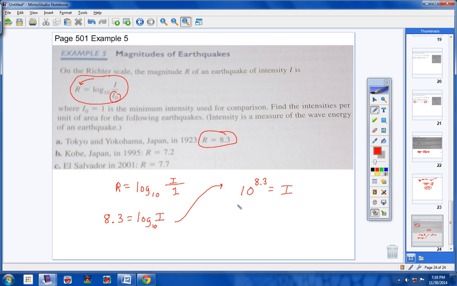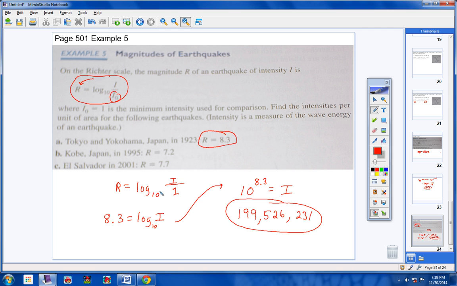For your answer. Okay? So here we go. 199,526,231. Now I'm not sure why the answer in the book, why they rounded. Maybe it says to round somewhere, I'm not sure.